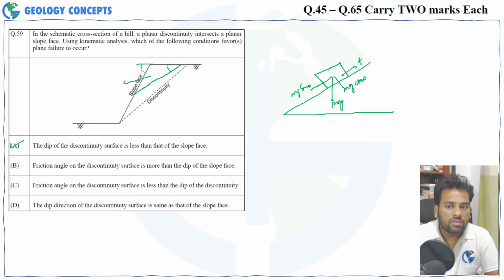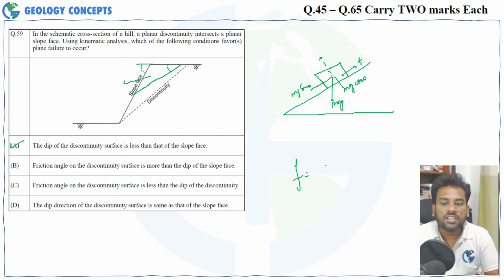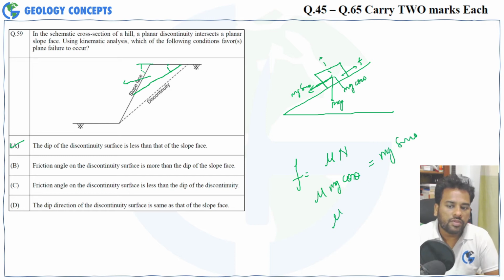The normal acting will be mg cos theta because it is not moving in this direction. Friction is defined as mu times N, that is mu mg cos theta. This should equal the force mg sin theta. From here we get mu equal to tan theta. This theta is the friction angle, which is this angle.